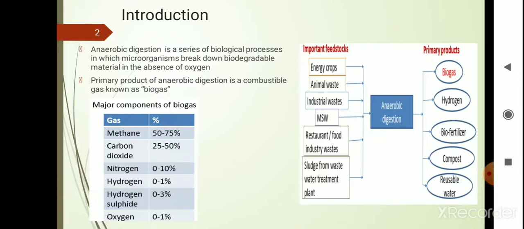But if it is plant-based waste, nitrogen will be negligible. Then hydrogen sulfide, an important unwanted gas associated with biogas, will be 0 to 3%. Then some oxygen. So this is a typical composition of biogas.